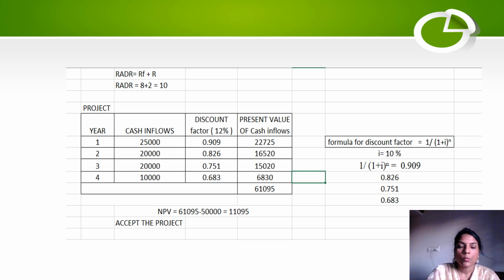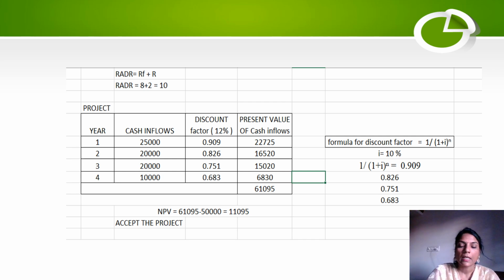Here in this problem they have given the risk-free rate of return as 8% and the risky return as 2%. As per this approach, your RADR will be 8 plus 2, a total of 10%. So the risk adjusted discount rate of return is 8 plus 2, that is 10%. The cash inflows given in the question are: first year 25,000, second year 20,000, third year 20,000, fourth year 10,000.